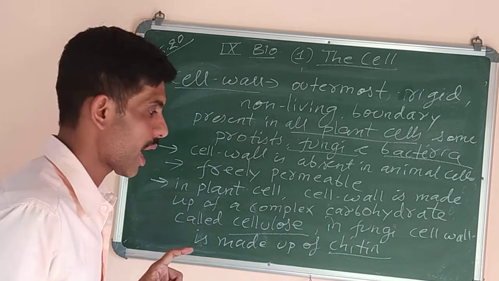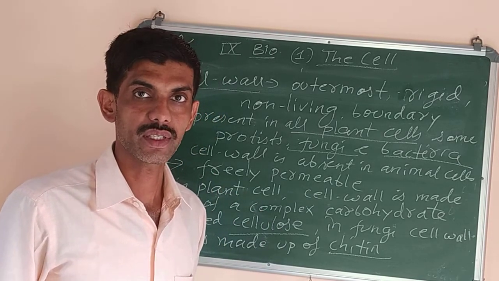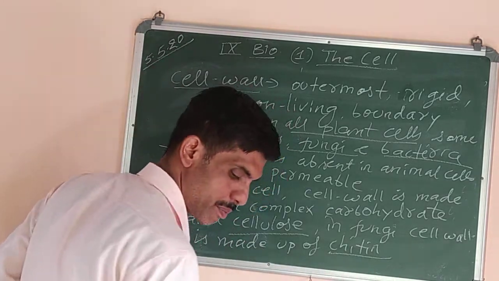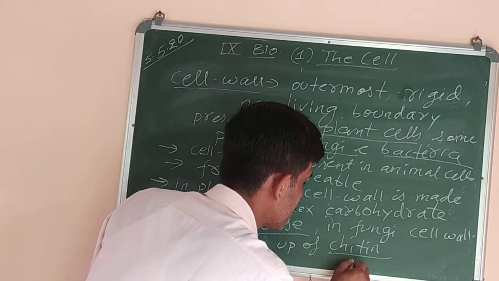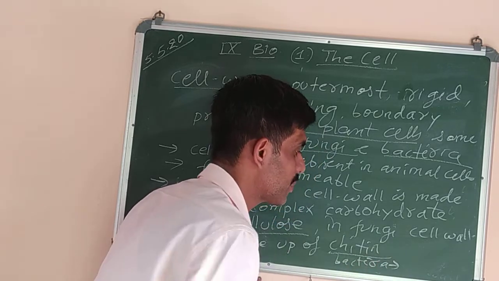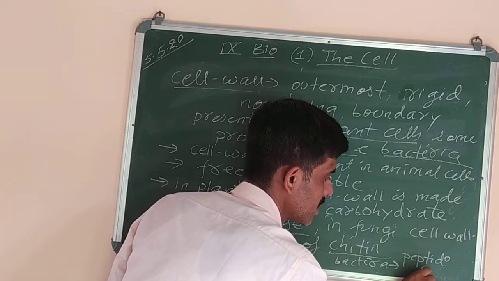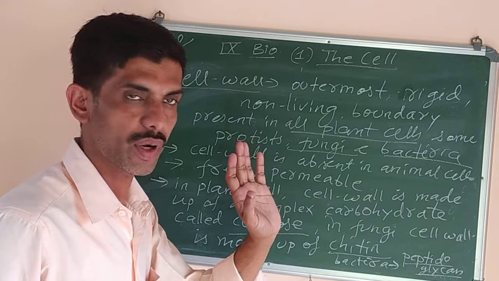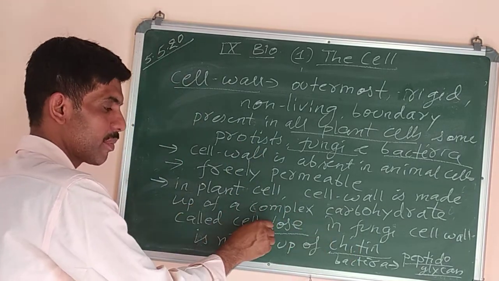And in bacteria, a complex compound is found in the cell wall, and that compound is called peptidoglycan. Bacterial cell wall contains this one, peptidoglycan. Fungal cell wall is made up of chitin, and plant cell wall is made up of cellulose.